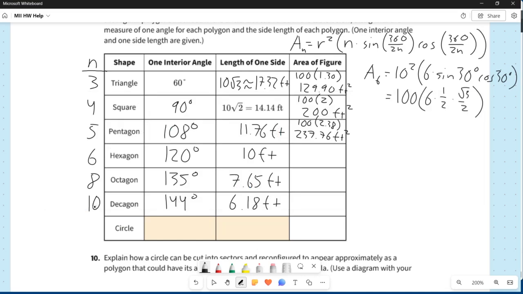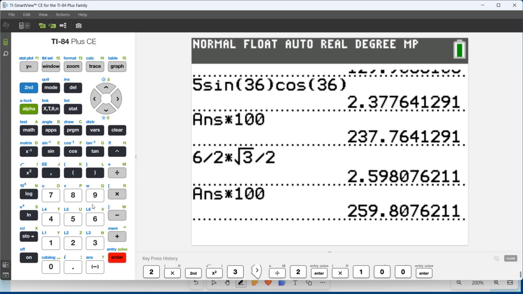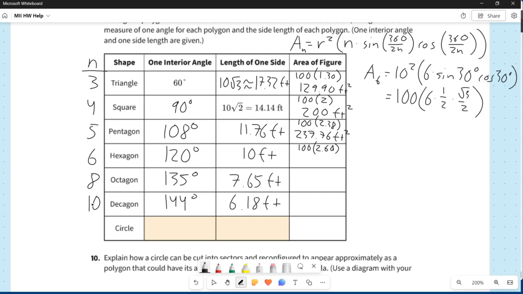So we end up getting 100 times 2.60. And for rounding purposes, I want to make sure that all my decimals are lined up here. So we end up getting 259.81 square feet.